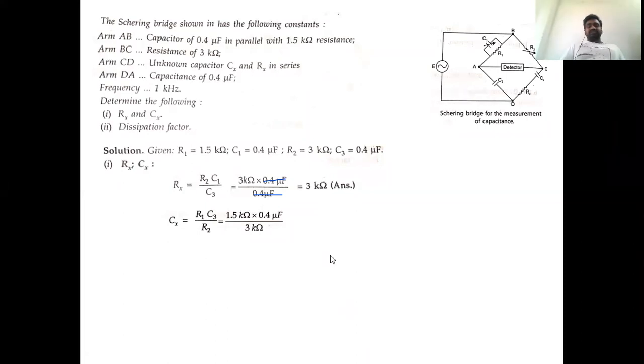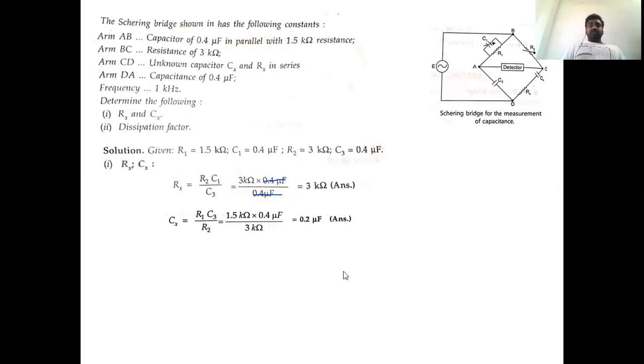What is the value of C suffix x? 261 got 0.2. Let me check. 0.2 microfarad, right? It's correct.